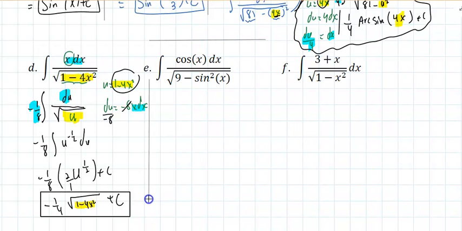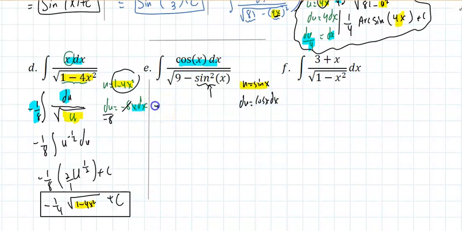So this part D, again, you should look for u sub always. Same deal here. I notice if I let u equal 9 minus the sine squared, du will be twice the sine of x dx. But I know by now, if I want a cosine, I should let u equal some form of a sine, and I have it right there. So my du will be the cosine of x dx.